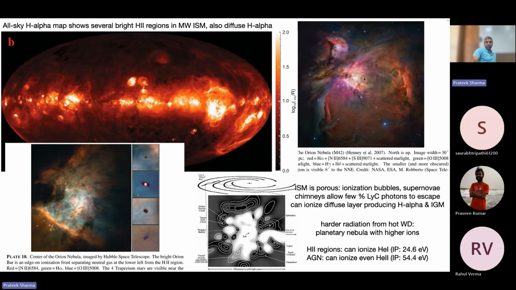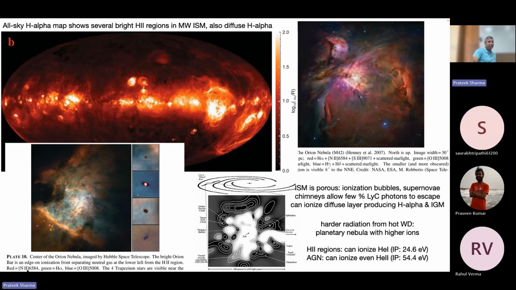This is the Orion Nebula. So this is an H2 region, which is sort of excited by massive stars here. I mean, of course, this is not spherical because the density structure in the interstellar medium is crazy. And if you look at the central parts here, this is how it looks like. This is in N2.